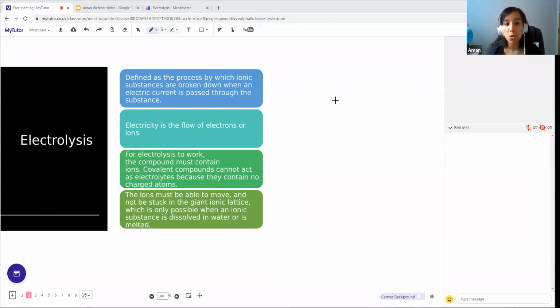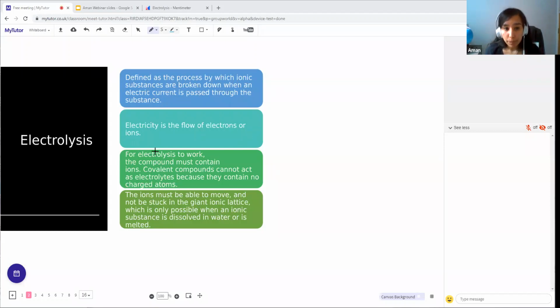That's the really important thing that I want everyone to remember. Ionic compounds are made of metals and non-metals. The metal forms a positive ion, the non-metal forms a negative ion, and they come together and form an ionic bond. We can break these ionic substances down by passing an electric current through them.